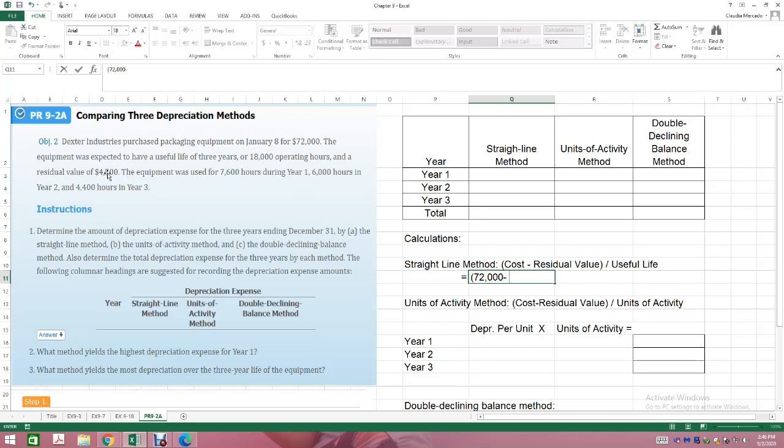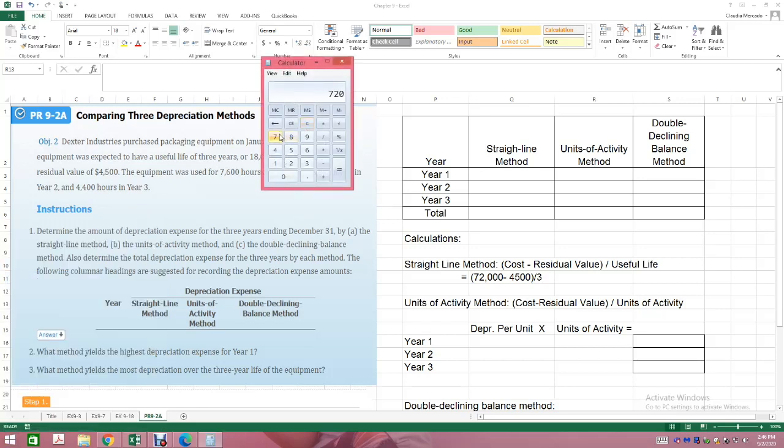We have a residual value of 4,500. And then useful life, this piece of equipment should last us 3 years. Okay. So let's see what that gives us.